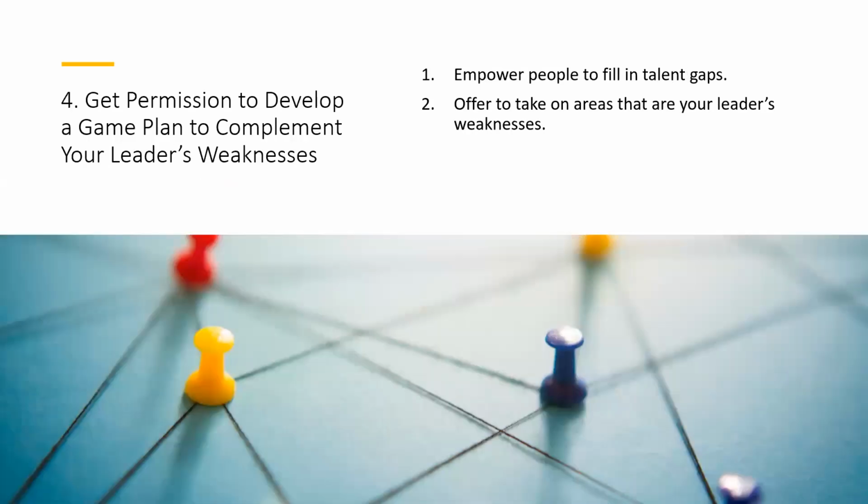Number four, get permission to develop a game plan to complement your leader's weaknesses. Now, this is a tall order, but it's exemplified in the lives of CEOs and people who are honest and open to tell the world, hey, I might be a CEO, but I don't know it all.